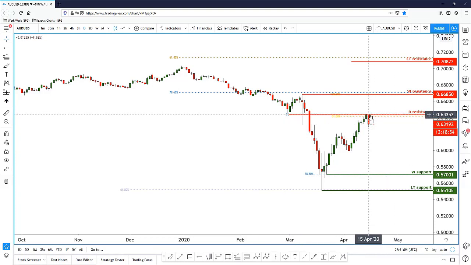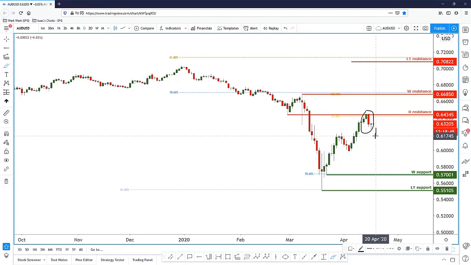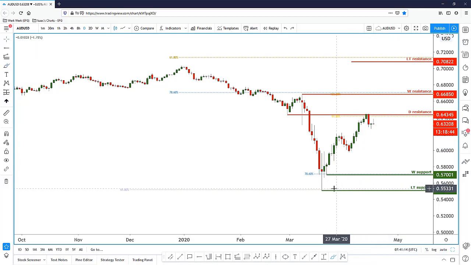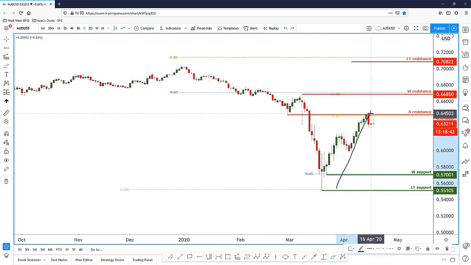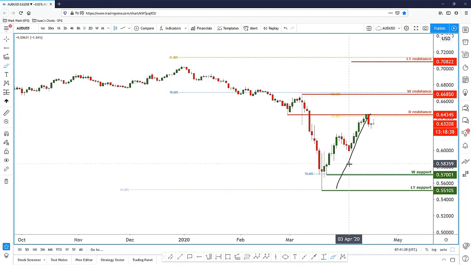Now, price seems to have formed a bearish engulfing candle here, and it also rejected off the daily resistance. We want to see how far price can push back lower. So this entire move up, we have already taken the retracement, and the retracement that we found is the 78.6. But on the shorter term time frame, we want to see whether there are any other retracement levels to look out for.